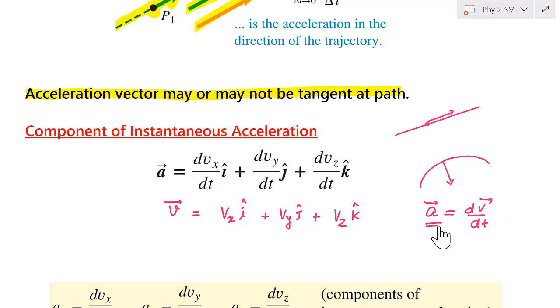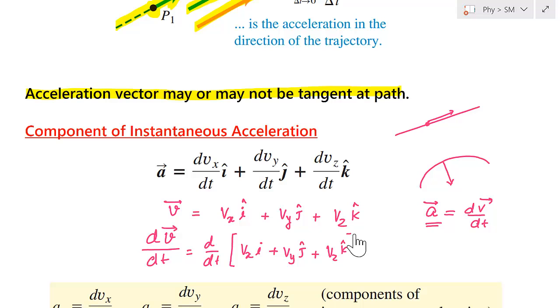Now if I take differentiation of velocity, I will get the instantaneous acceleration. So let us take differentiation of this. So if I take differentiation of this, it will be d by dt of vx i plus vy j plus vz k.